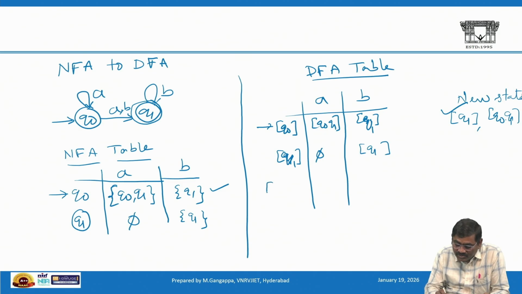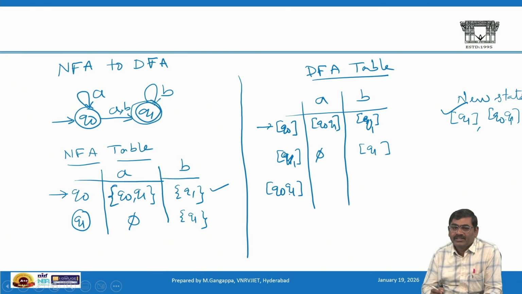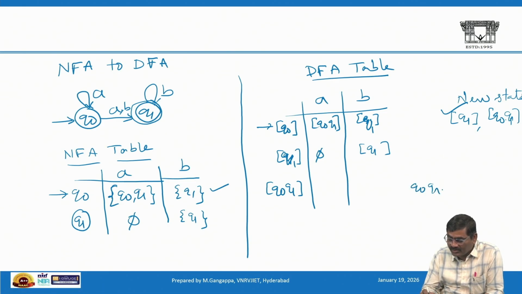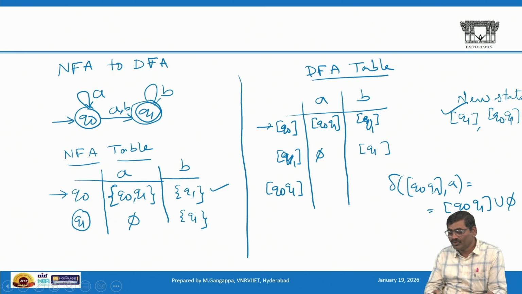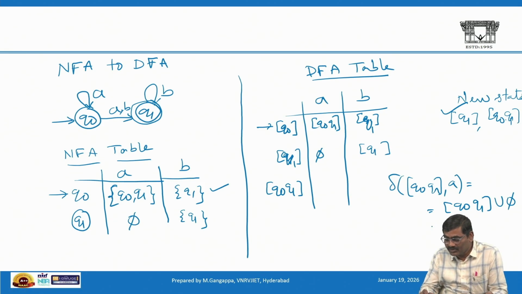Now I am taking the Q0, Q1 state as the current state, and we should apply the inputs. Q0, Q1 on input A, what is the transition? Q0 on A goes to Q0, Q1. Q1 on A goes to no next state, therefore phi. So the final answer is Q0, Q1.